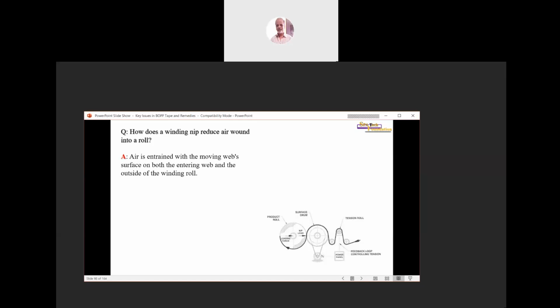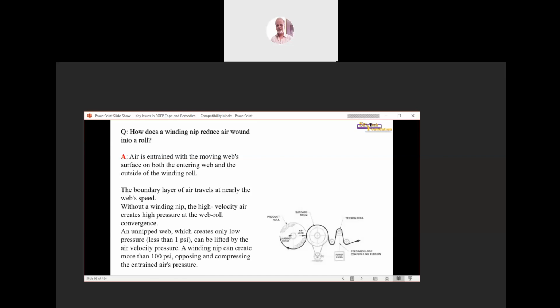Air is entered within the moving web's surface on both the entering web and the outside of the winding roll. The boundary layer of air travels at nearly the web speed. Without a winding nip, high velocity air creates high pressure at the web roll converge.